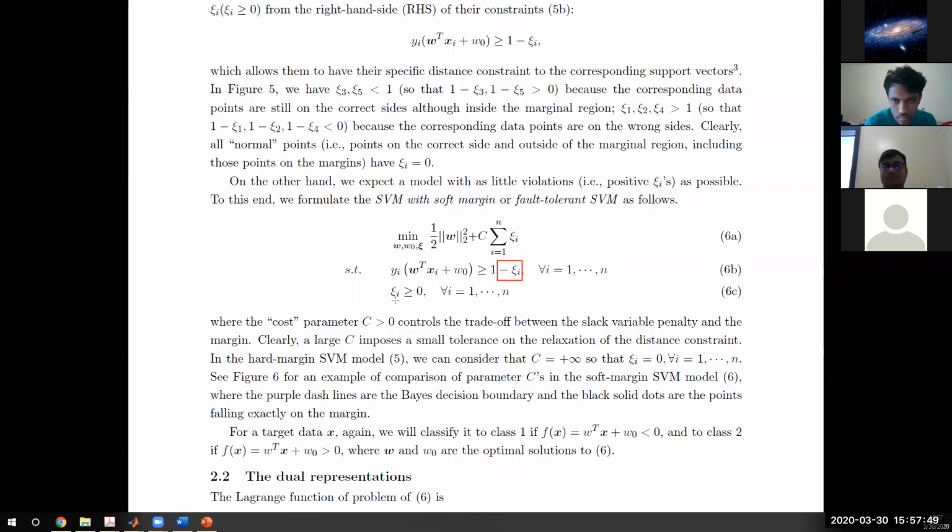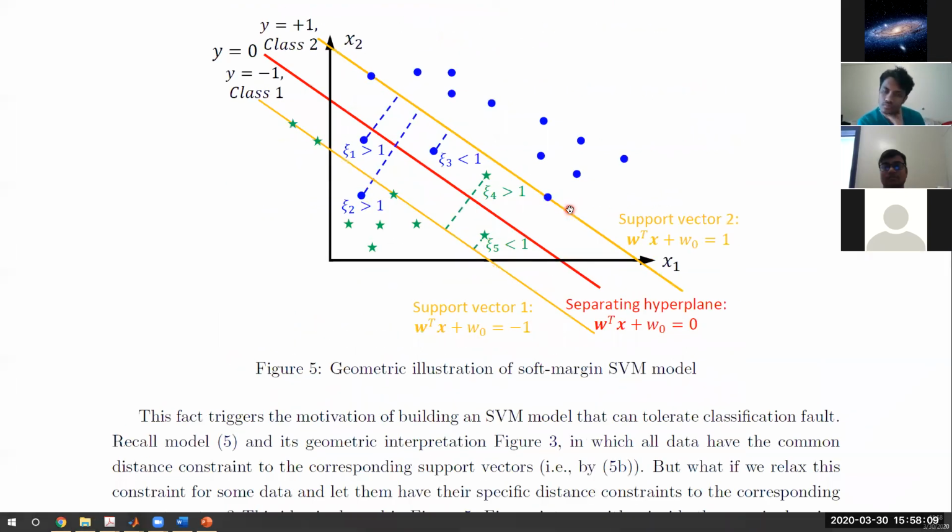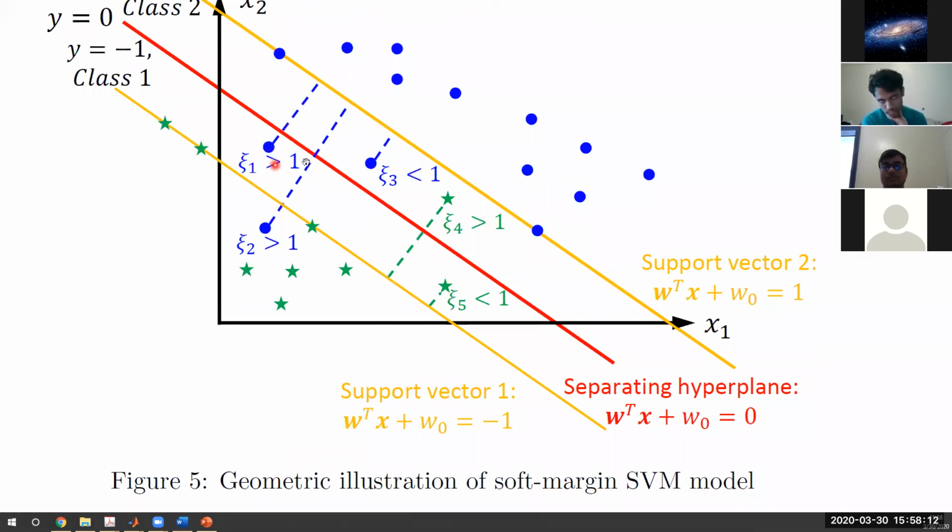Be careful. Here, xi is only required to be non-negative. Xi could be more than 1, okay? If xi is greater than 1, this is going to be greater than a negative number. And correspondingly, in this figure, for example, these cases have xi greater than 1. This means misclassification. The same here, 1, 2, 4.